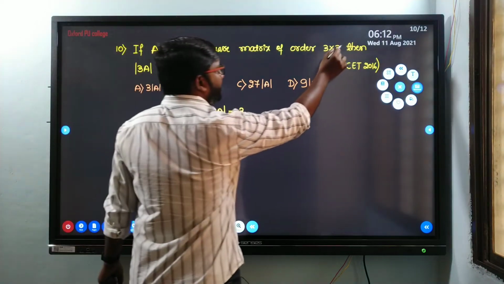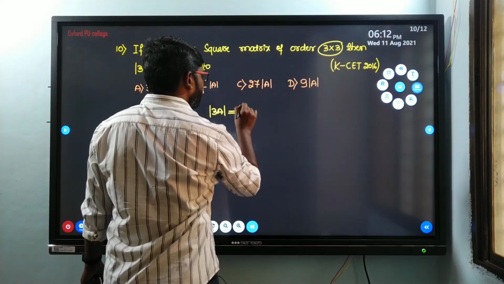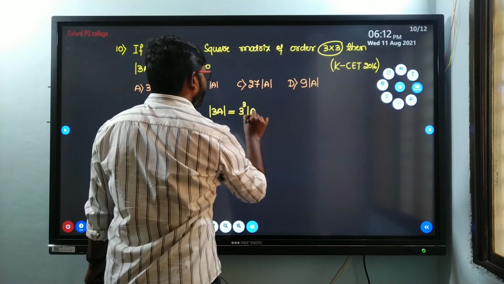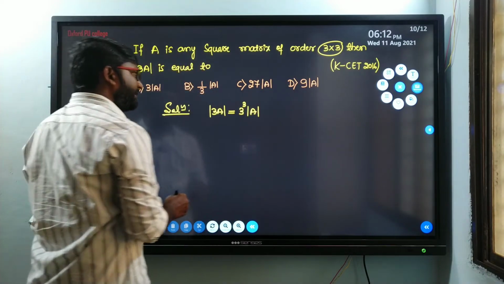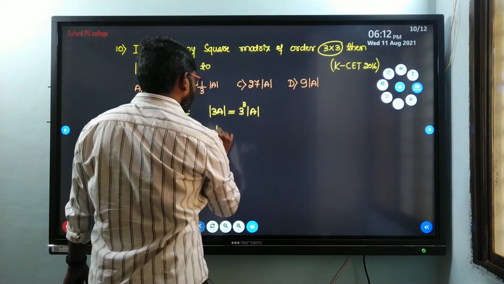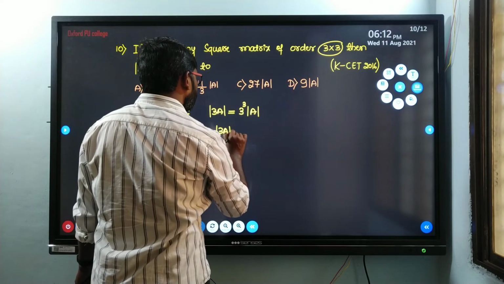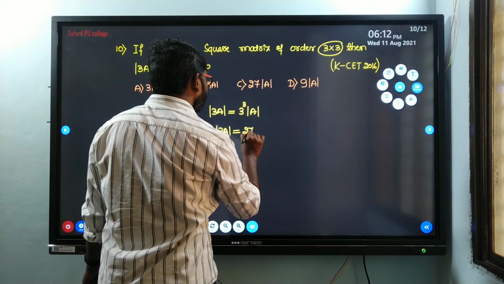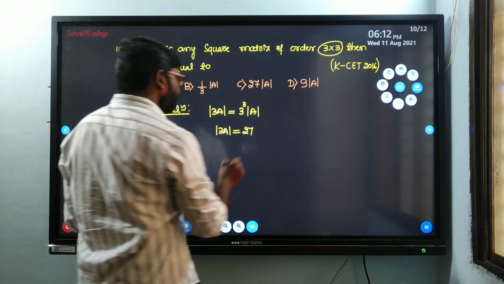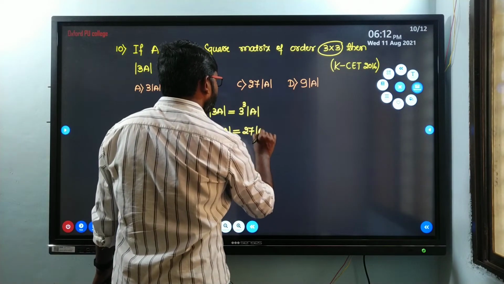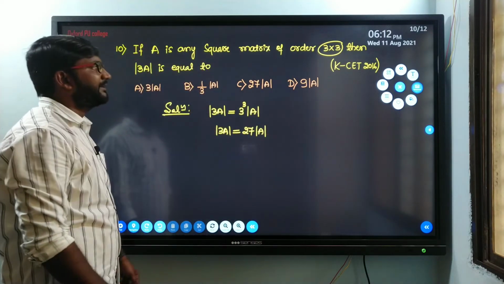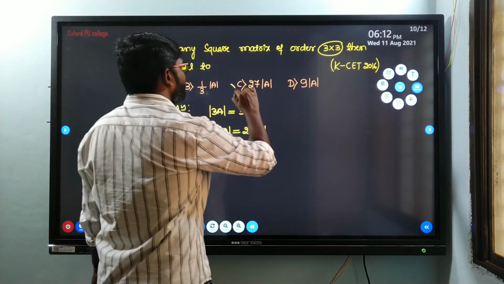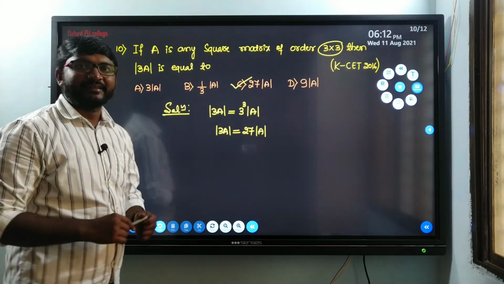The order is 3 by 3 here, so it is 3 cube into det A. 3 cube is 27, so it is 27 times det A. Option C is the correct answer.